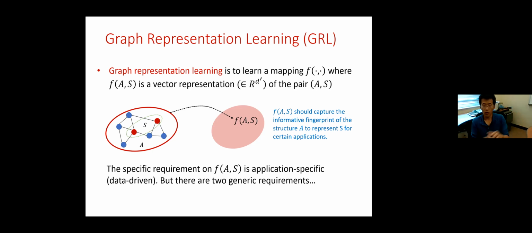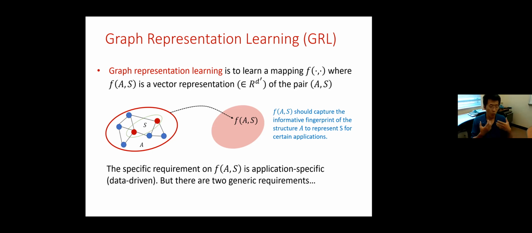Of course, I would like to say different applications may have different requirements for these representations. So basically, in our setting, the specific representation that is learned is data-driven.